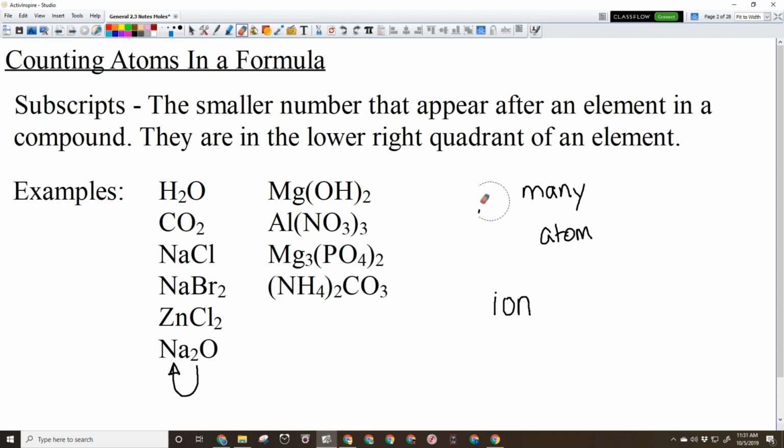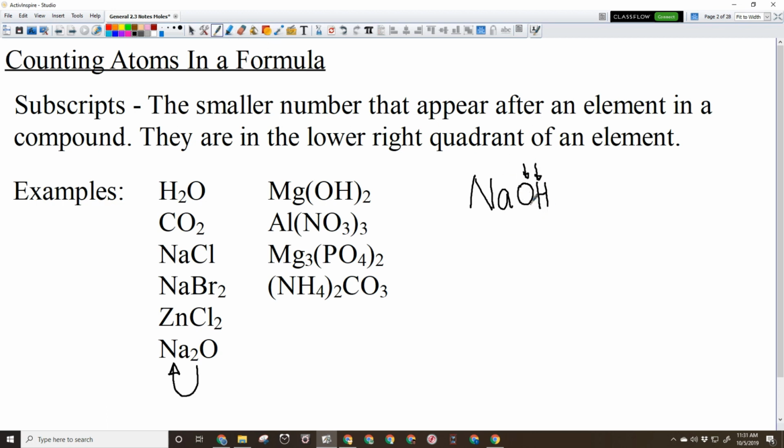Okay, now we're going to see polyatomic ions that aren't included in parentheses, like for example, sodium hydroxide would be Na and then OH. It's 2 capital letters, so that's oxygen and hydrogen. Okay, but it's not included in parentheses.